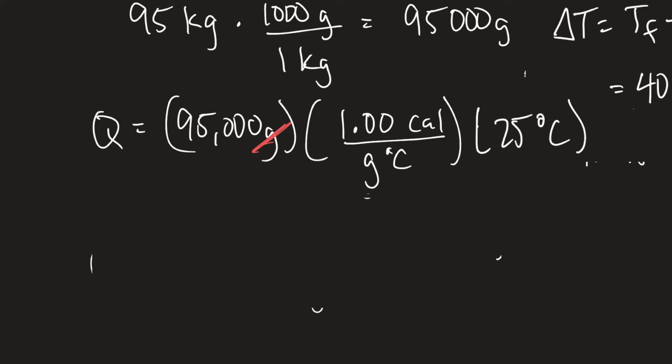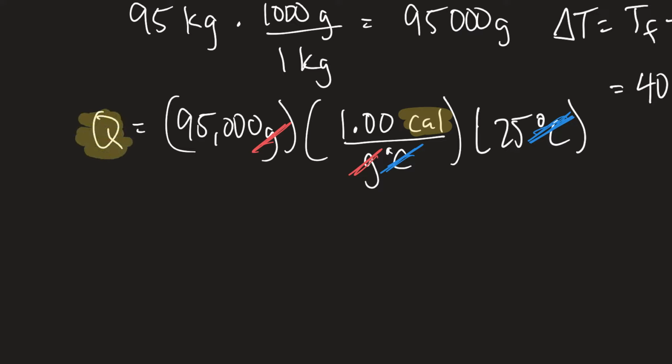I see my grams here. Grams here will cancel out, because one's the numerator and the other is the denominator. My Celsius here and my Celsius here will cancel out as well. That leaves the calories by itself, which is perfectly fine, because I am trying to find energy. So I know that works.